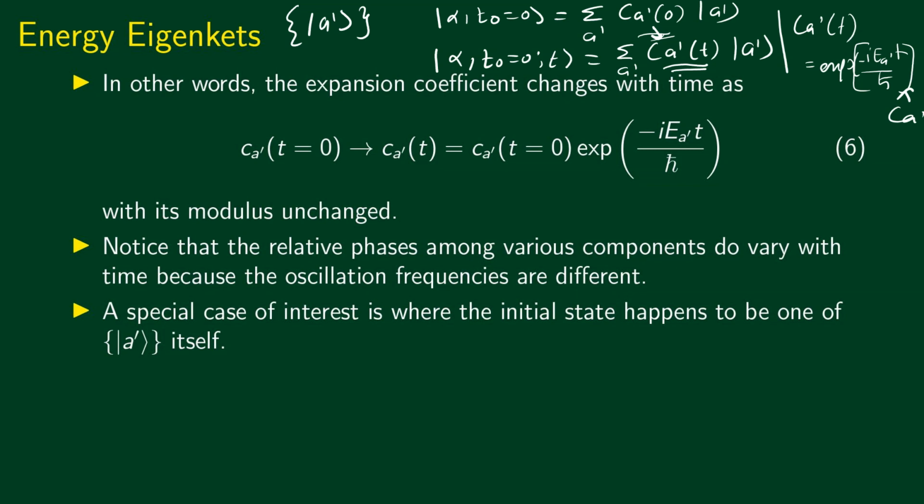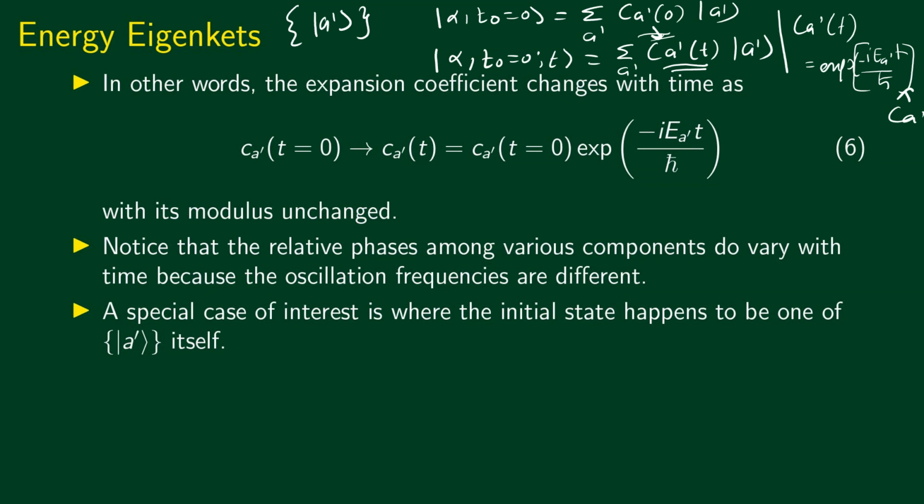So what we see is that the probabilities for measuring particular values of energy or particular values for the observable A remain unchanged with time. All right. Now this is only true if the base vectors are also energy eigenkets. All right. So if the base vectors are also energy eigenkets, describing the time evolution of the system or finding the time evolved state becomes quite easy.